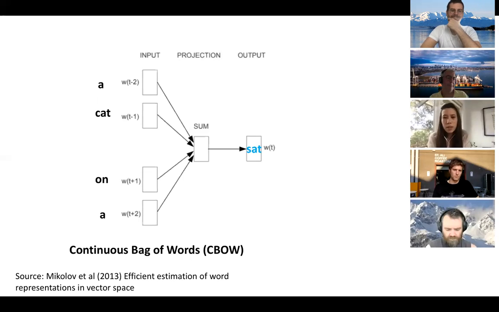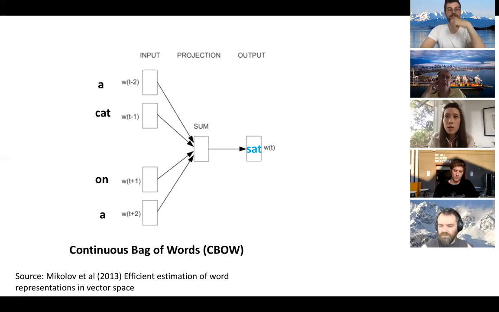One is called the continuous bag of words model, which tries to predict a given word based on its surrounding context words. For example, if you have the words "a cat" directly before it and "on a" directly after it, you're trying to learn the weights such that you can correctly predict the word "sat."